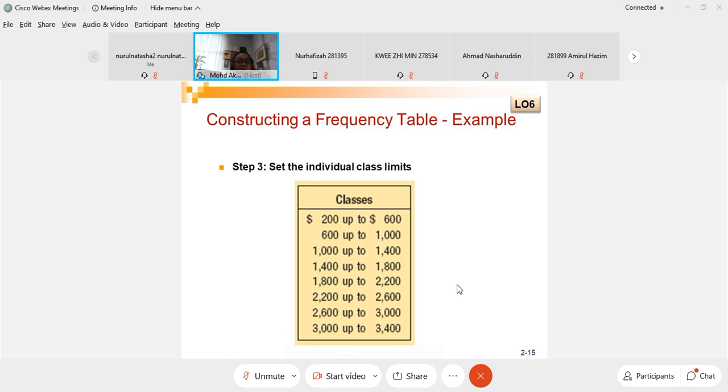Kita tanya Muhammad Nur Ikram. Why 8 classes? Mengapa 8 kelas saja? Muhammad Nur Ikram ada?